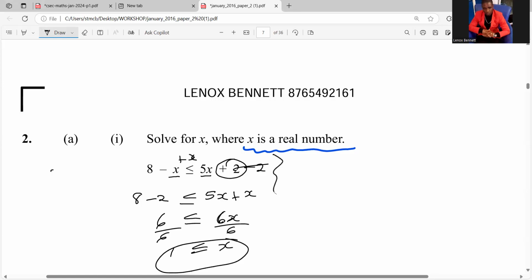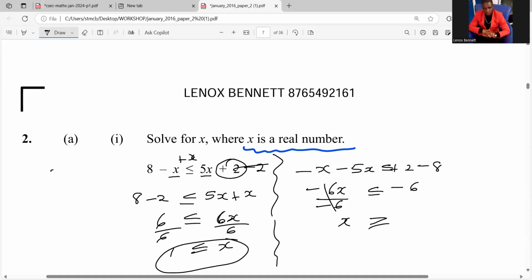If we had done it the other way, this is how it would have looked. We have a minus x here, we subtract the 5x, we add positive 2 on that side. And of course 2 minus 8, so we'd have minus 6x less than or equal to minus 6. When we're dividing by the negative, we're supposed to change the sign around.